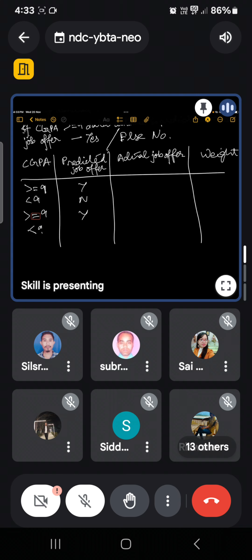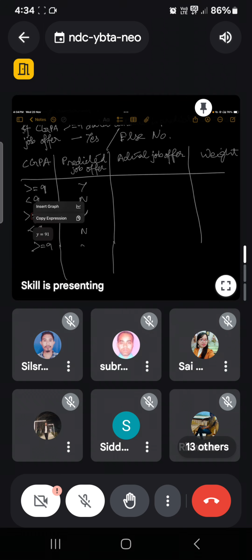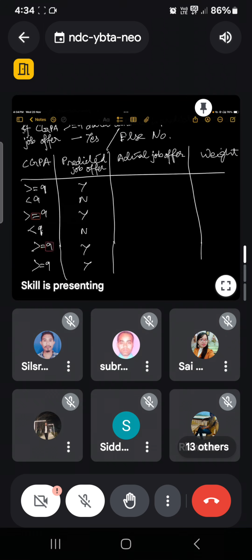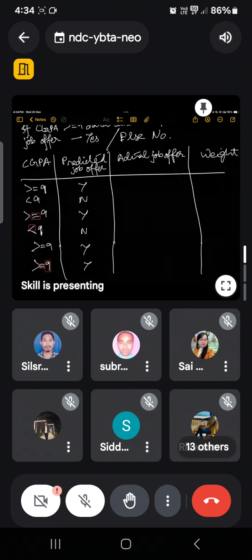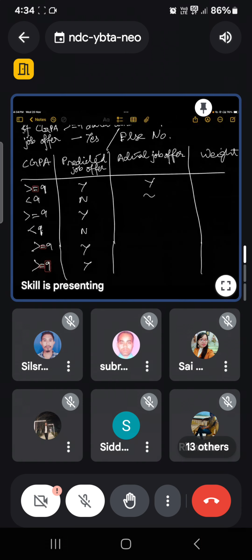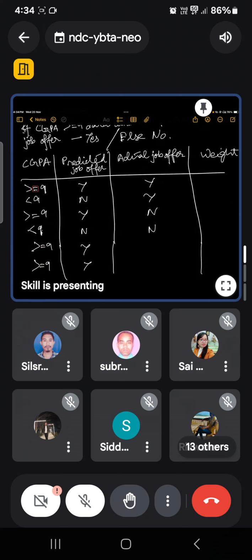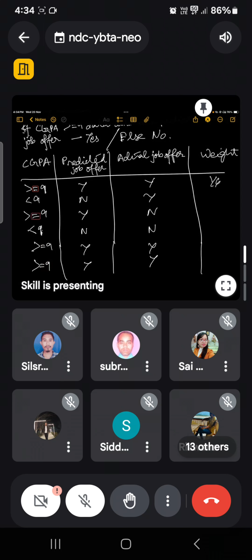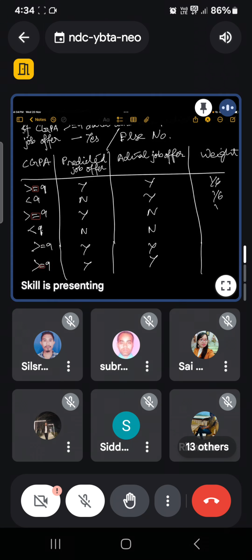Less than 9, we will write no. The actual job offer was already written in our training dataset. Initialize the initial weight: 6 data instances are there, so we are writing the weight as 1 by 6.